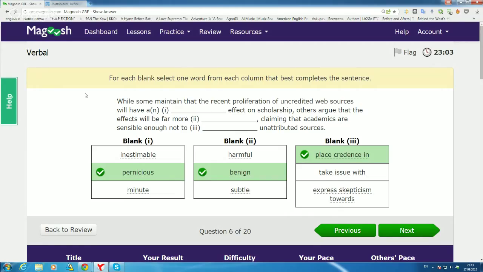What does take issue with mean, and why doesn't it work here? To take issue with. Issue means problem. To take issue means to have problems, maybe. So why doesn't that work here?